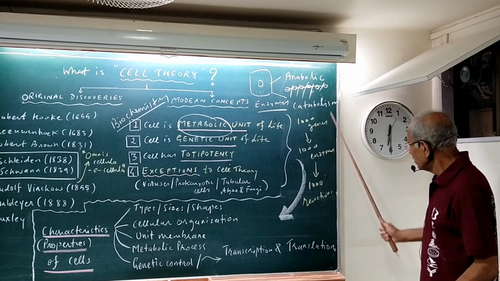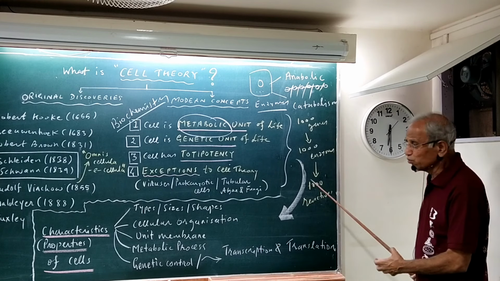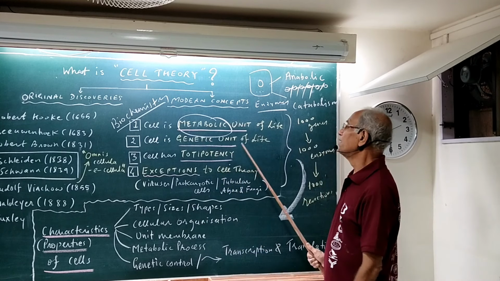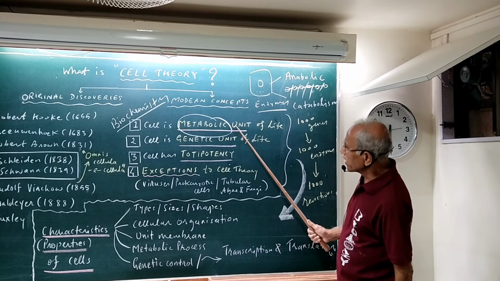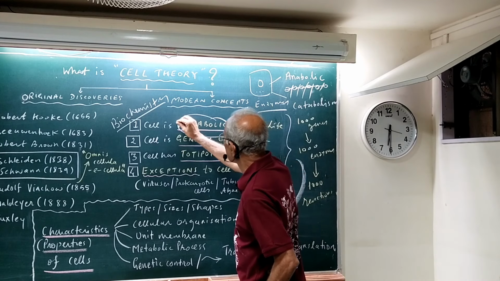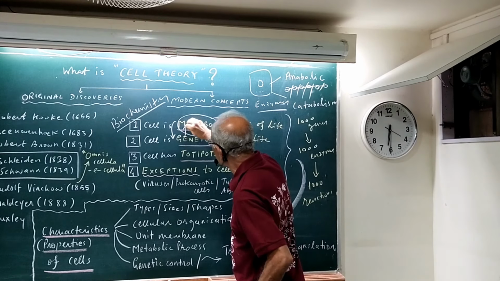It's very important. This is what genetic control is. So every cell is a genetic unit of life. So metabolic unit and genetic unit, they get related. Are you understanding how the metabolic unit becomes related to the genetic unit?